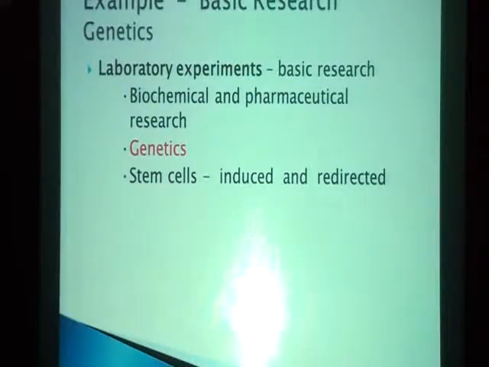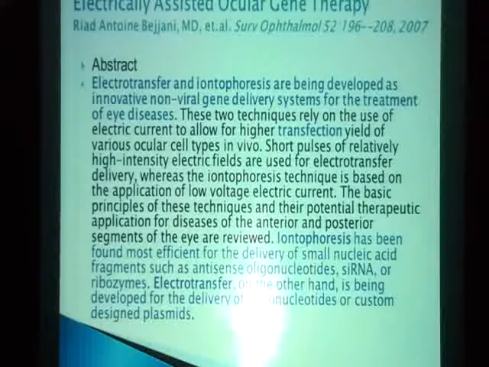Let's go into genetics. Again, it's laboratory. And these are a paper about electrically assisted ocular gene therapy, electron transfer and iontophoresis. They wanted to see in the laboratory which method is good for transfection other than using AAV, adeno-associated viruses.